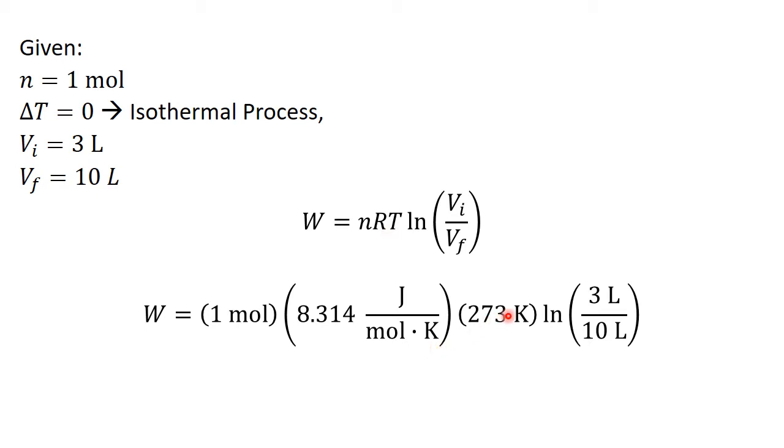So, dapat yung temperature natin naka-Kelvin din. And then, ln of volume 3 liters all over 10 liters. So, very easy. Ilalagay mo lang yan sa calculator as is. And makukuha natin na work equals negative 273 kilojoule. Okay. Ganun lang siya kadali.